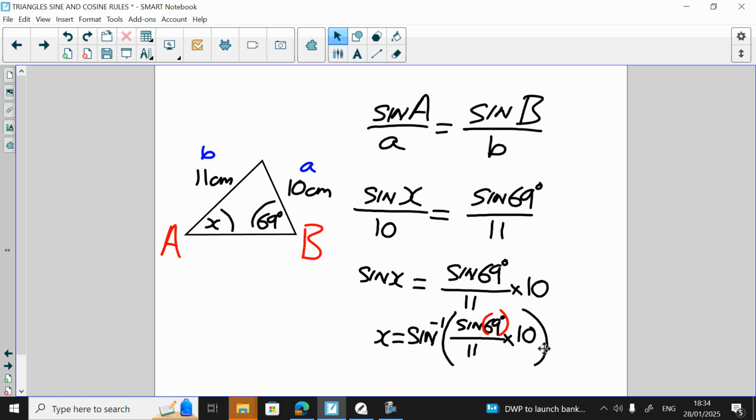You might get away with it, but get into the habit of closing it and see what your calculator gives you. 58.07, might have more decimals. Doesn't really matter. If it doesn't give you a whole number, exactly 58, just get in the habit of putting decimals here.